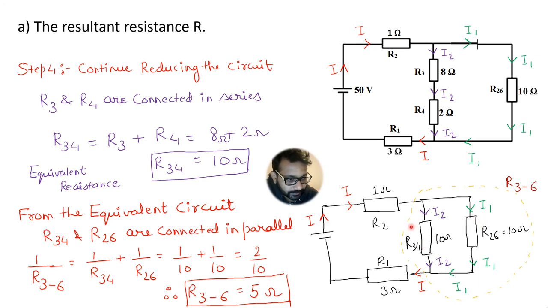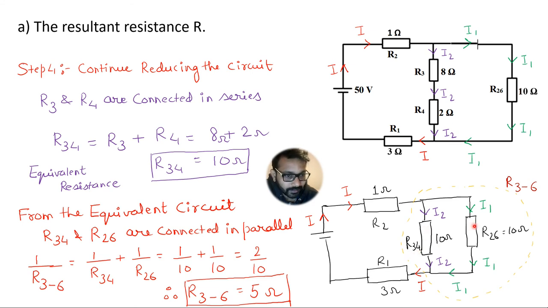Now if I look at these two equivalent resistances, that is R34 and R26, what I see is through R26 the I1 current is flowing and through R34 the I2 current is flowing. So different currents are flowing through R26 and R34.